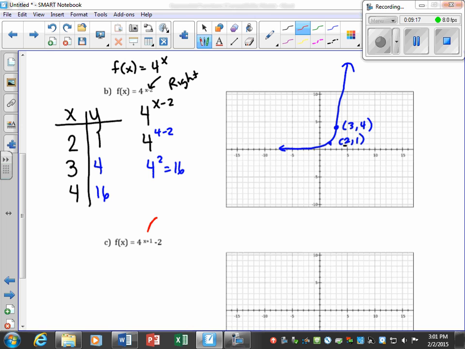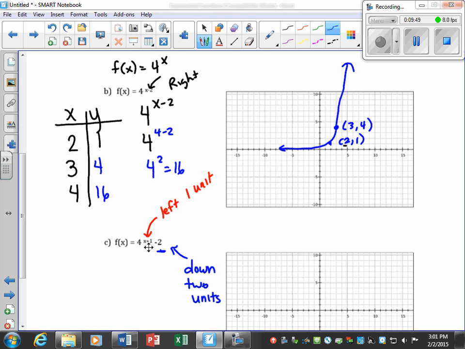Considering that, what do you think the plus 1 in the exponent means? That would mean shifted to the left 1 unit. Okay, and then what do you think this minus 2 means? If you remember transformation, yes, that means down 2 units. So just by using our rules for transformation, we can have an idea of what this is going to look like, but I'm going to use my table to verify some exact points.